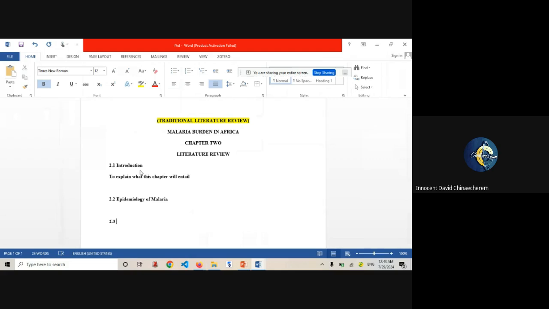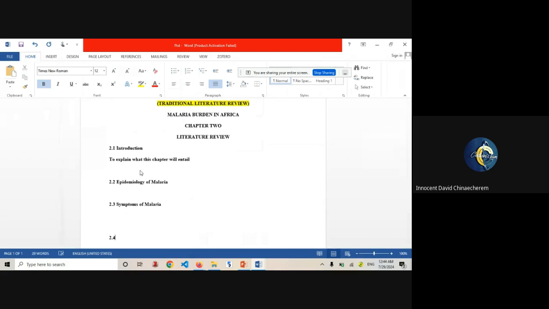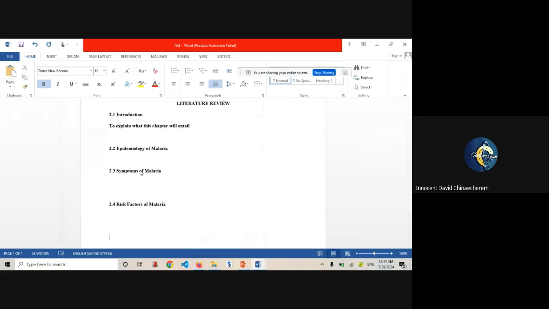Now your 2.3, you might say symptoms of malaria. Your 2.4, you might say risk factors of malaria. Now your 2.5, you might say challenges of malaria in Africa.